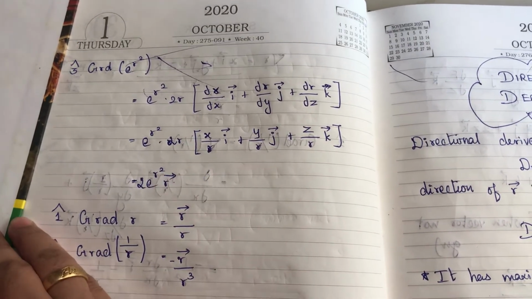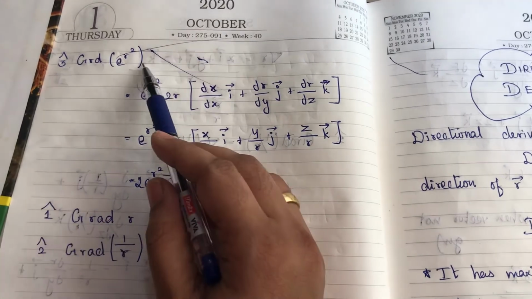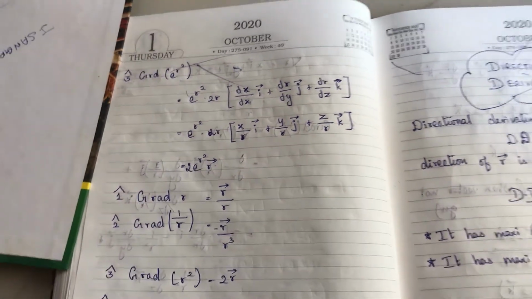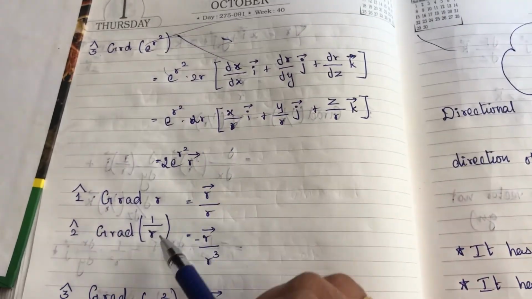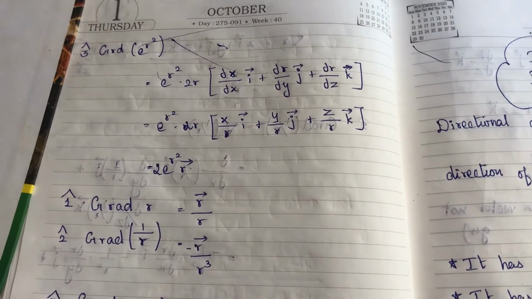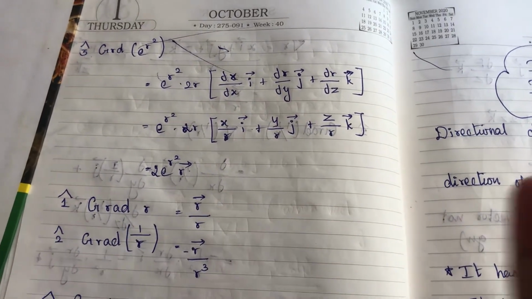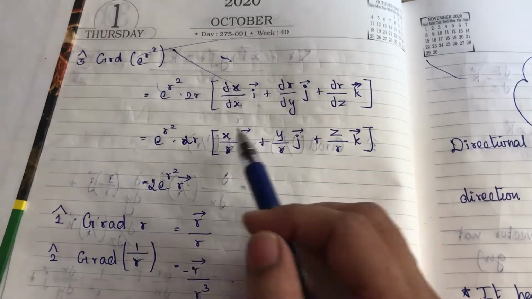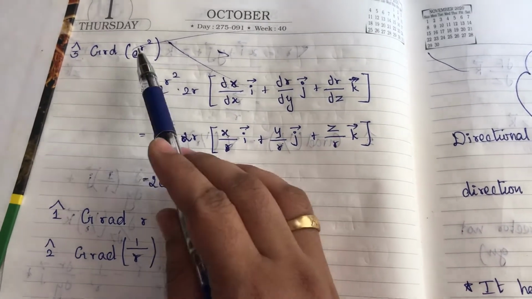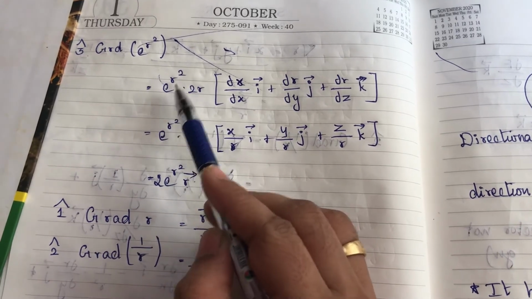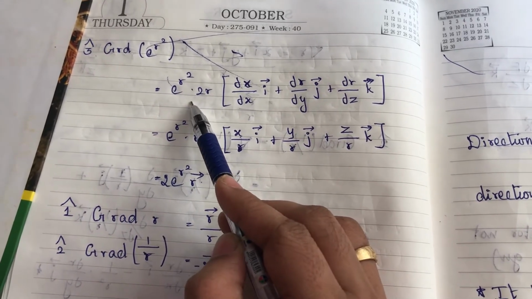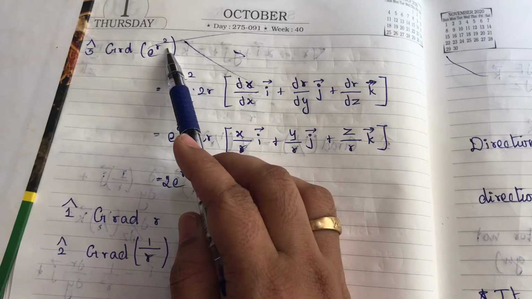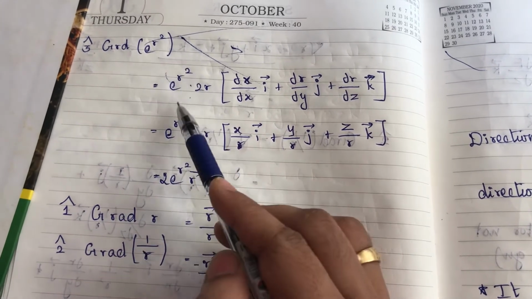Gradient of e power r square. What is this? We need to first differentiate these things, right? So I am just writing e power r square, and differentiating. E power x is e power x.